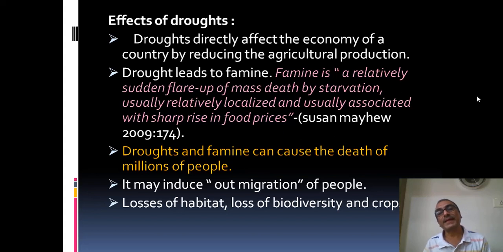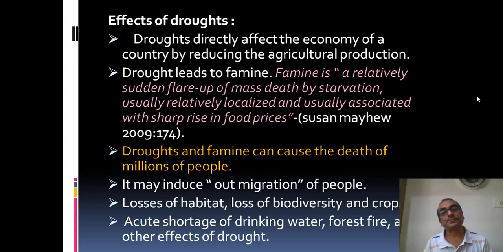And even the loss of habitat, loss of biodiversity, and the crops are also effects of the drought, because unavailability of water is leading to the death of the plants, and forests may be drying out, and the habitats of the wild nature may be destroyed, and biodiversity is affected, and even the crop production.